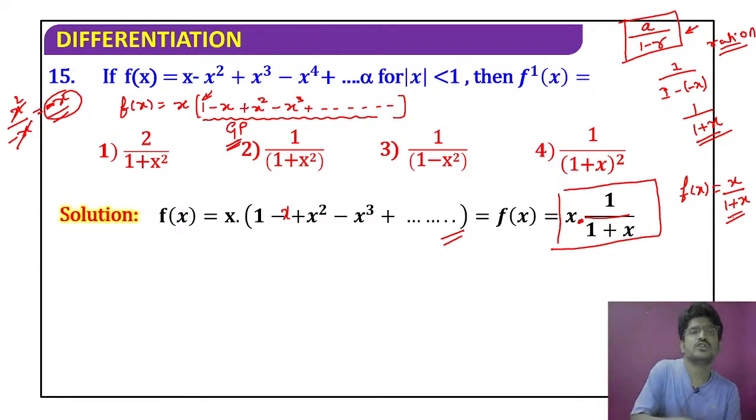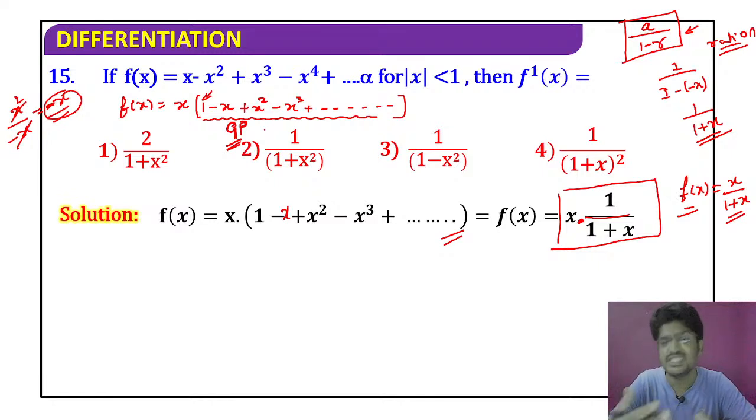Okay. So now if I differentiate this particular function by the u by v rule, you can get the answer. Clear? But you must understand this particular term, that is geometrical progression. Like this, they will mix the concepts: this is differentiation and sequence and series.